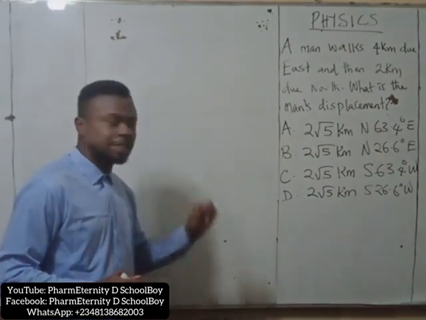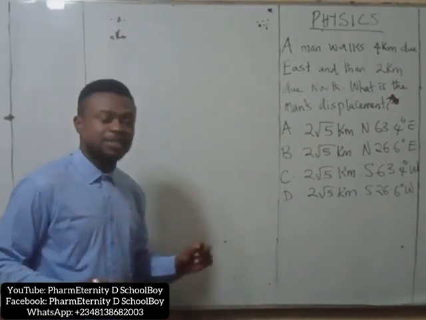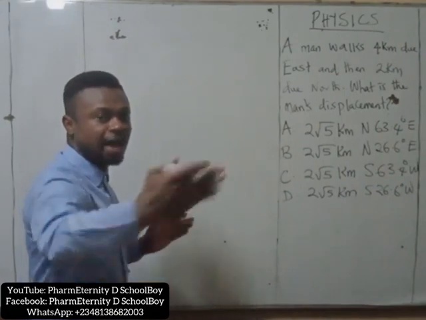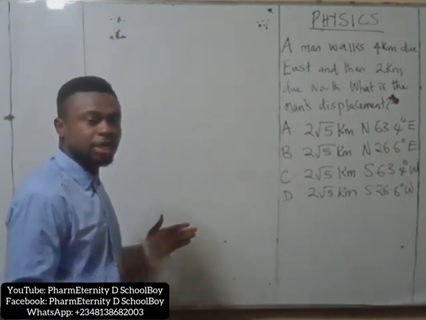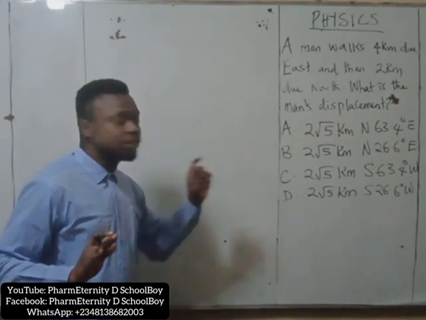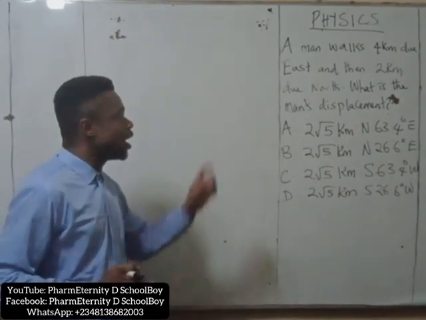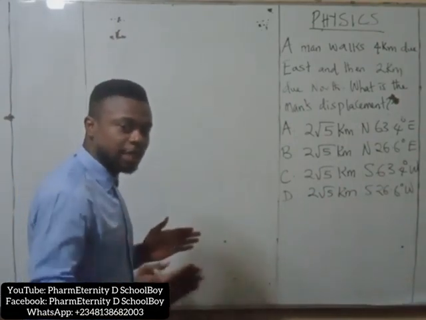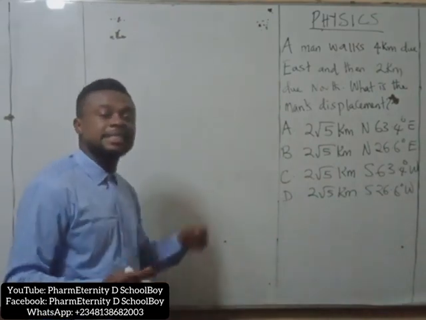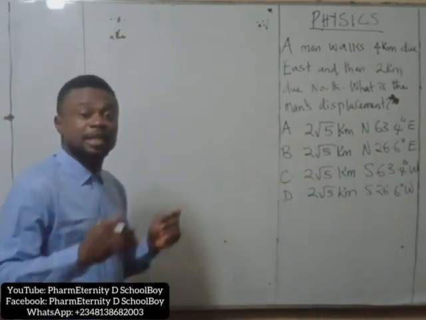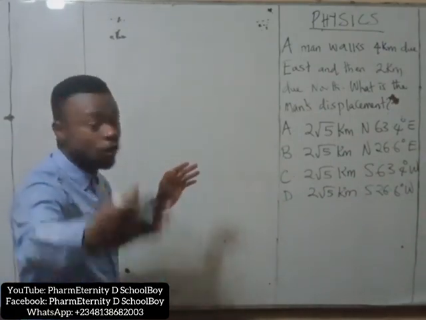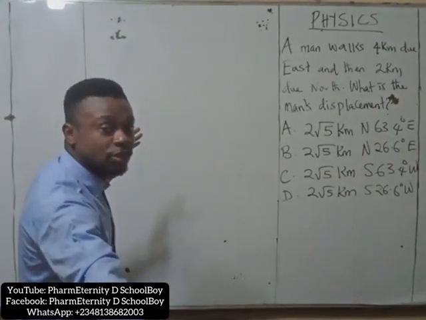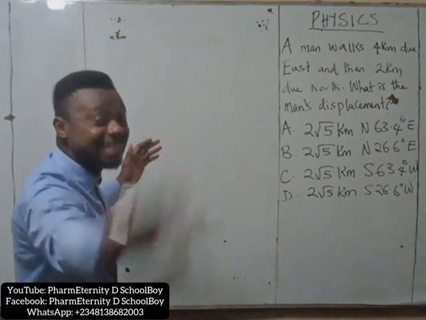The difference between displacement and distance is that distance has just magnitude, how far a body moves without considering the direction, while displacement talks about the magnitude, or how far the body moves, and at the same time the direction the body took in covering such distance.